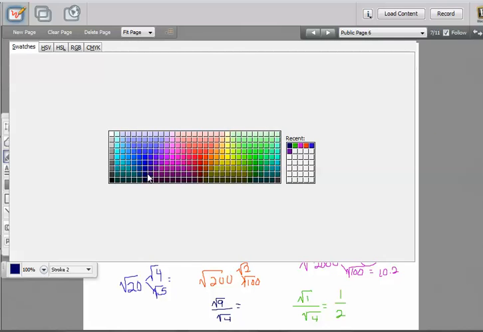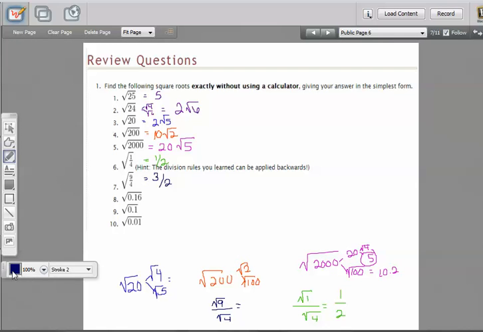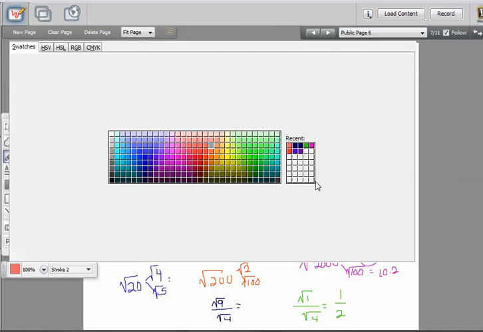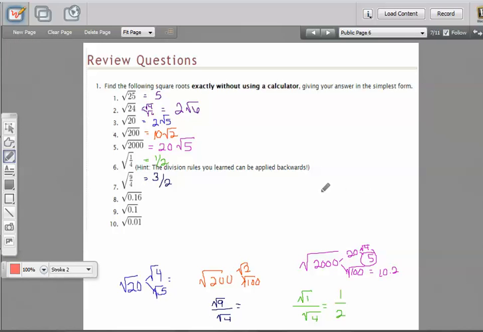For number 8, let's go ahead and create that into a fraction. So we're going to go ahead and do 16/100 for that, and we'll break it apart. So the square root of 16 is 4, and the square root of 100 is 10. And if we want to reduce that, we can get our 2/5 as well.